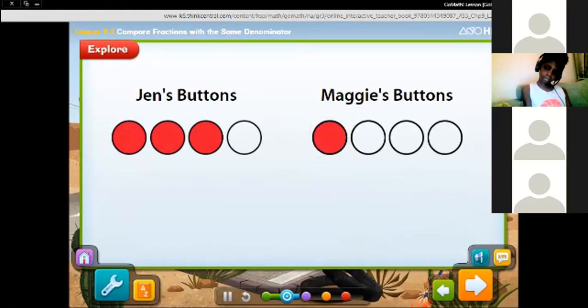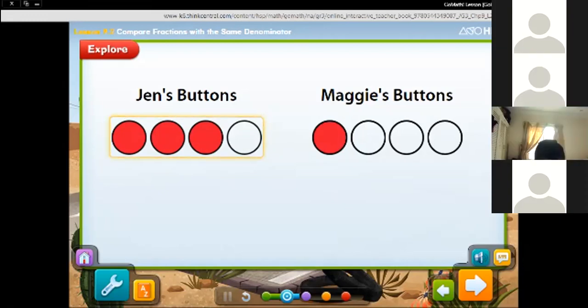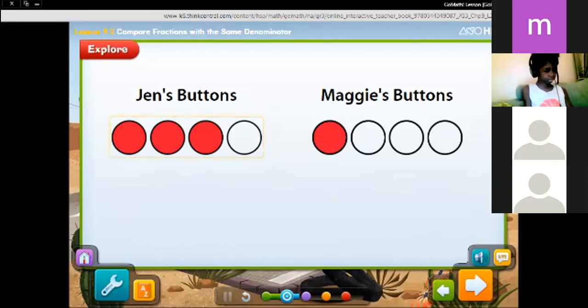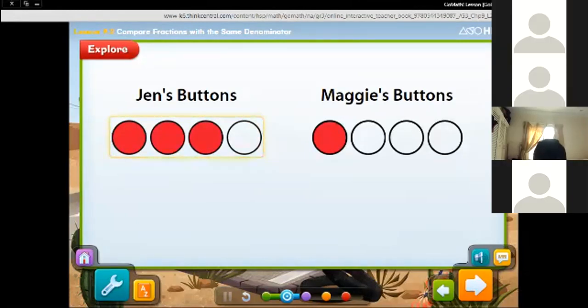What fraction of Jen's buttons are red? Okay. Osama, what fraction of Jen's buttons? 3 out of 4. 3 over 4.